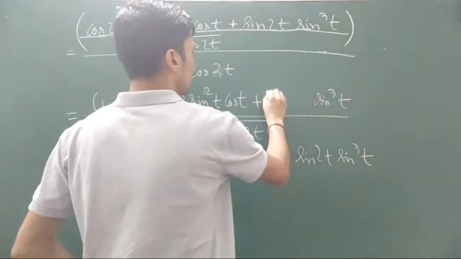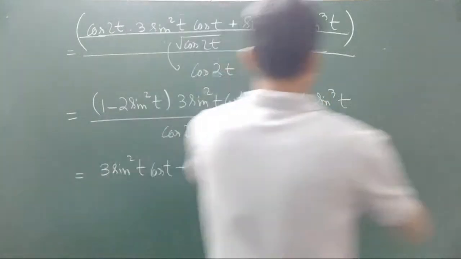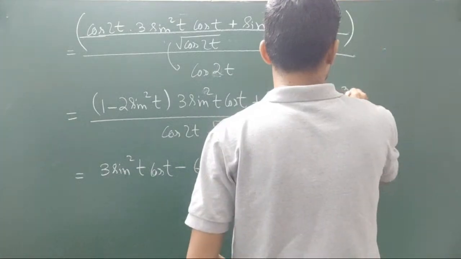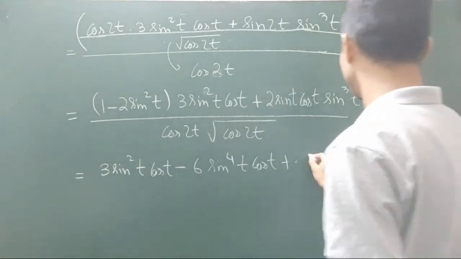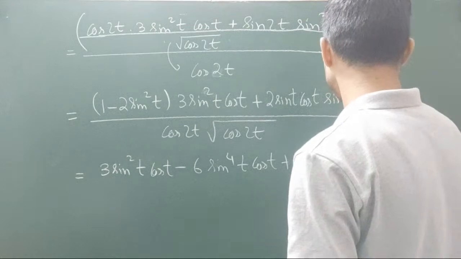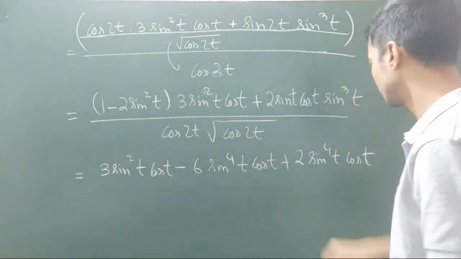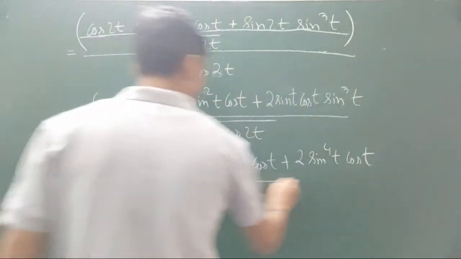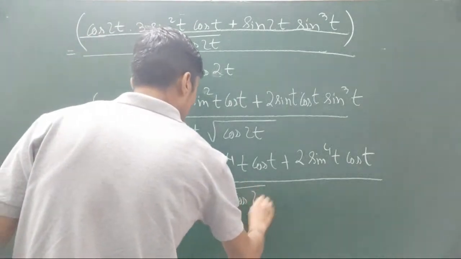Can we just write this as 2 sine t cos t? So that I will be having 2 sine power 4t cos t. Actually, after looking at this, no? All divided by cos 2t root over of cos 2t.